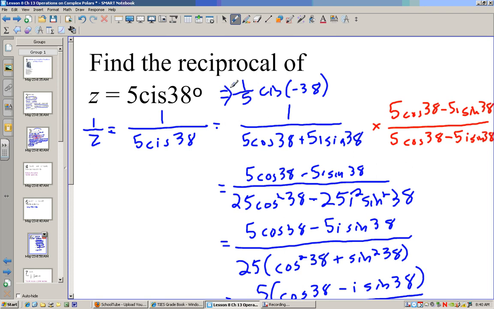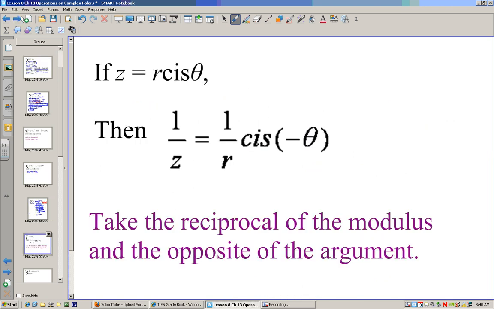It's reciprocal. So 1 over z is equal to 1 over our modulus, CIS, the negative of our argument. And so this is our formula. 1 over z is equal to 1 over r CIS negative theta.